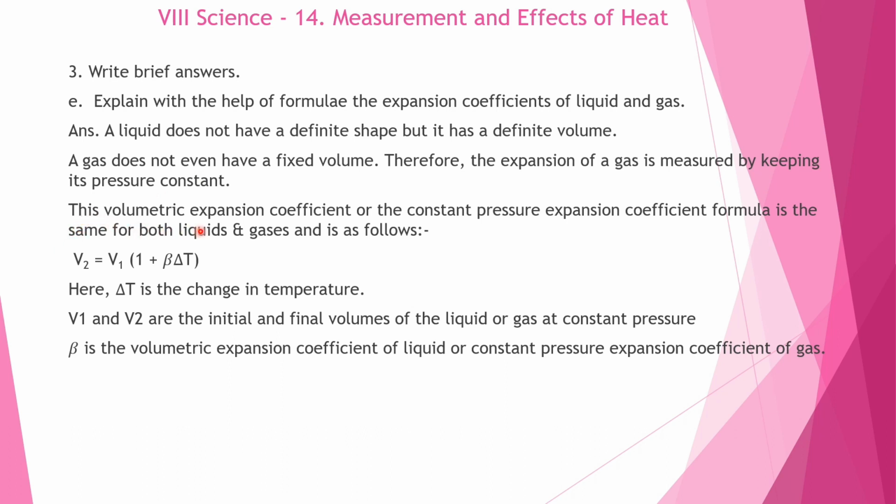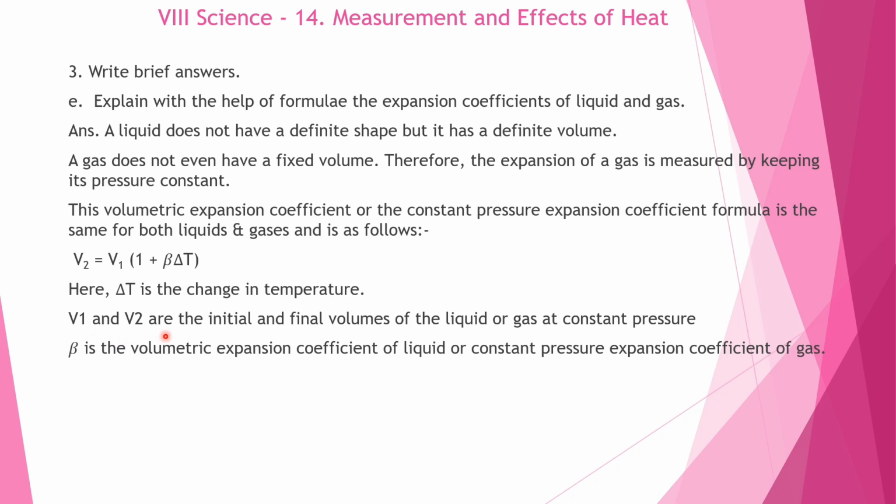This volumetric expansion coefficient or the constant pressure expansion coefficient formula is the same for both liquids and gases and is as follows. The formula is same for both, children. V2 is equal to V1 (1 plus beta delta T). Here delta T is the change in temperature.